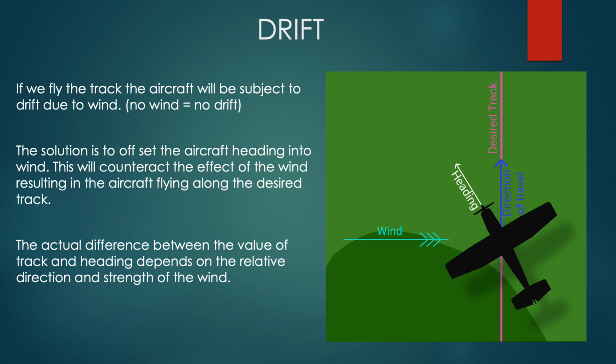Okay, now if there was no wind, if we flew the desired track, that would be suitable, but effectively there is always wind, or 99% of the time there's always some kind of wind which will affect our route. So we need to take this into account, and if we don't, what will happen is we'll encounter something called drift, which is where we're pushed off our desired track, which would basically give us a track made good.